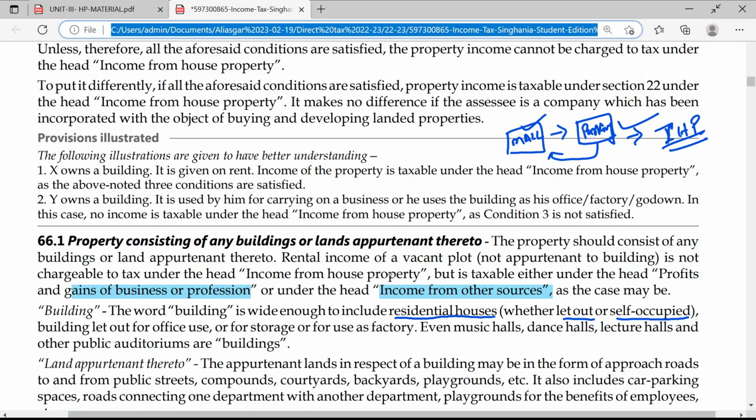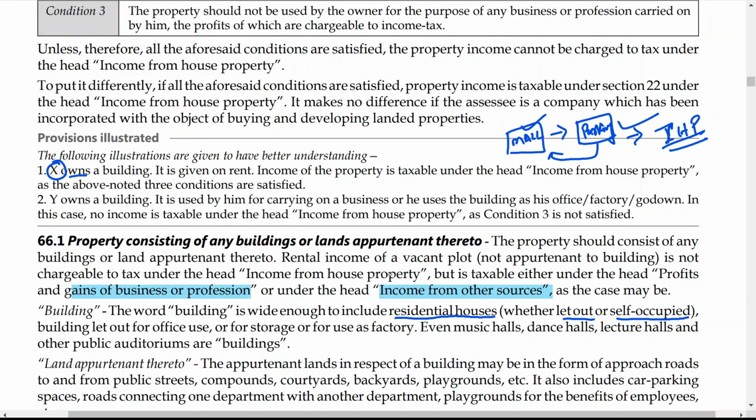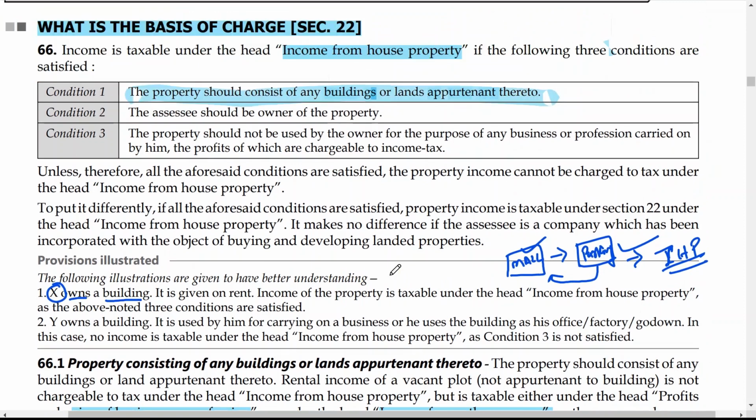X owns a building. It is given on a rent. Income of the property is taxable under the head income from house property. As the above noted, three conditions are satisfied. Because X owns a building, means the first condition is satisfied. What is the first condition? The property should consist of building and land appertaining thereto. So that is satisfied.